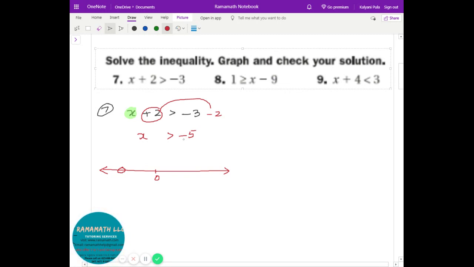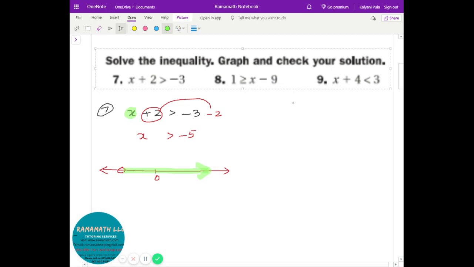Greater than means it goes this way, because all this side is greater than. So it's going to highlight this way. Does that make sense? You just follow the variables one side and the numbers the other side.